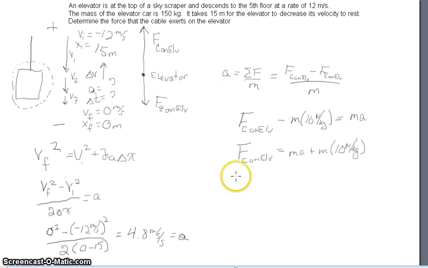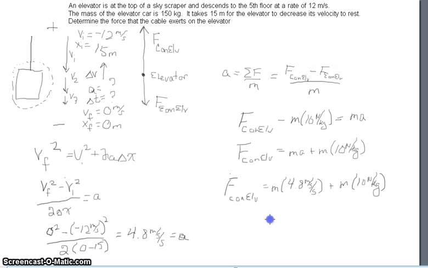Okay, so I come here, we have the force of the cable on the elevator. This will equal mass times the 4.8 meters per second squared plus the mass times 10 newtons per kilogram.